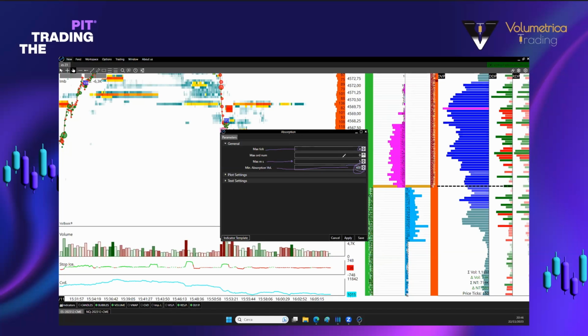According to my setting, I can decide to make it a little more conservative: 400 volume is good, 5 milliseconds is good, but I want to consider only those situations not being able to move price for more than 2 ticks.